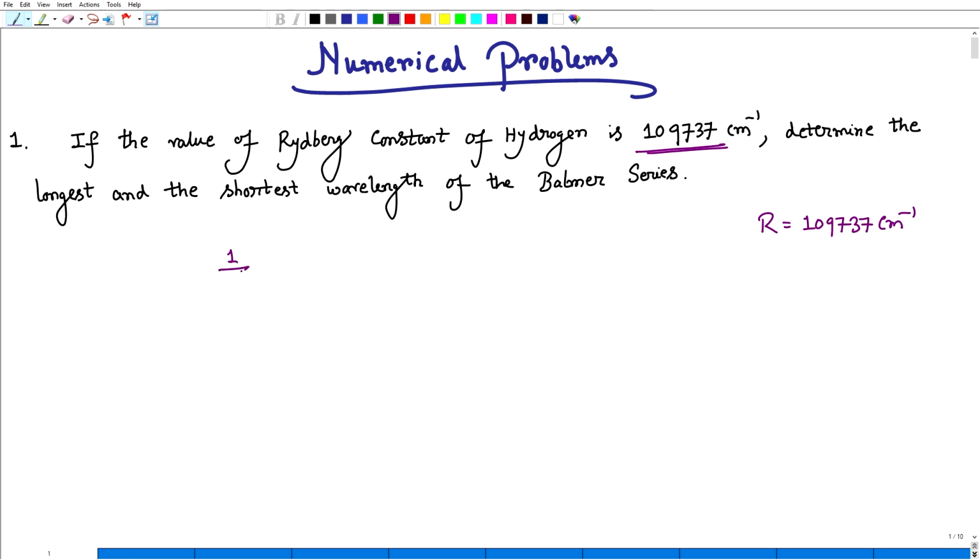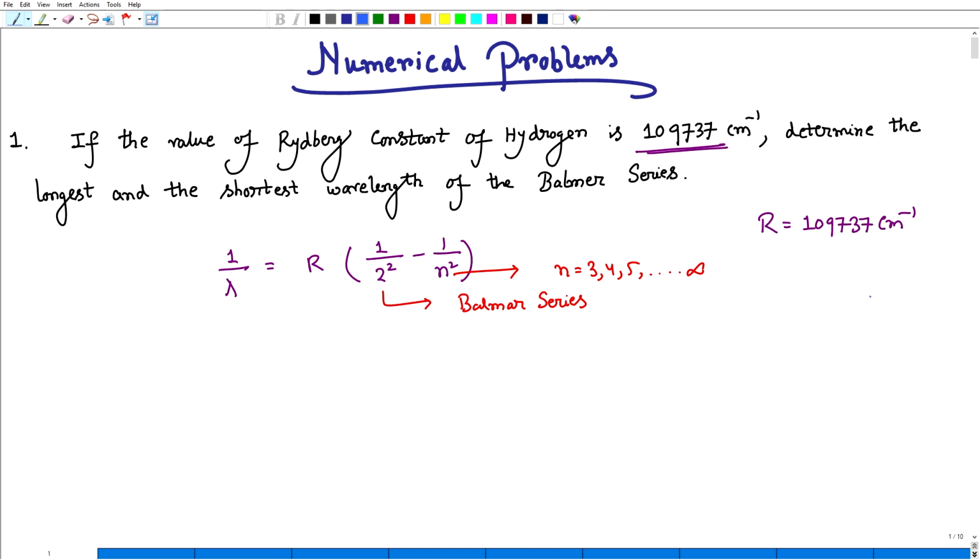We know 1 by lambda is equal to R times (1 by 2 square minus 1 by n square). Why is this 2? Because they asked to calculate for the Balmer series. And n is actually variable here. It should be 3, 4, 5. In principle, it can go up to infinity.